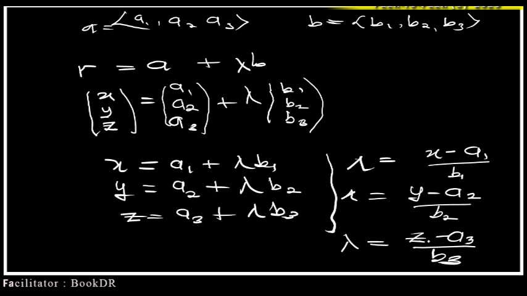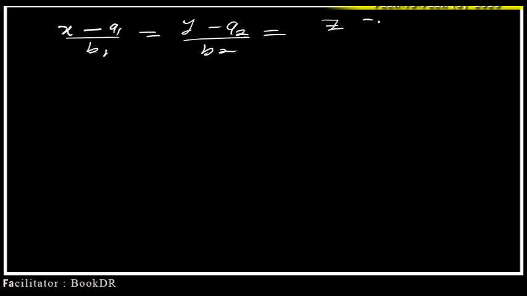Now, since all these expressions are equal to lambda, we can conclude that x minus a1 over b1 should be equal to y minus a2 over b2, and this in turn will also be equal to z minus a3 over b3.